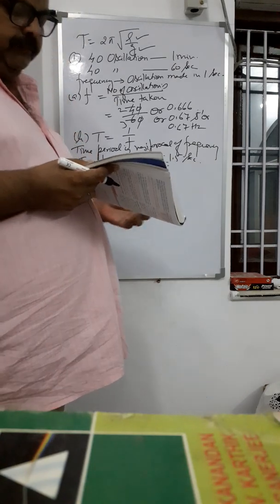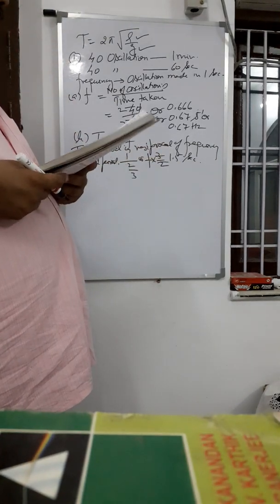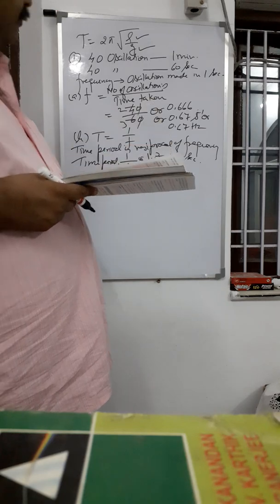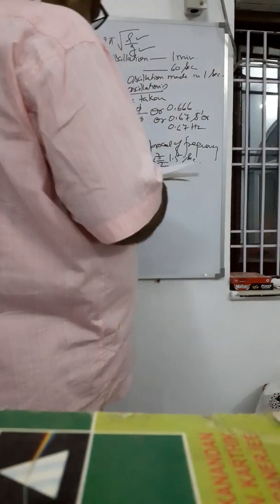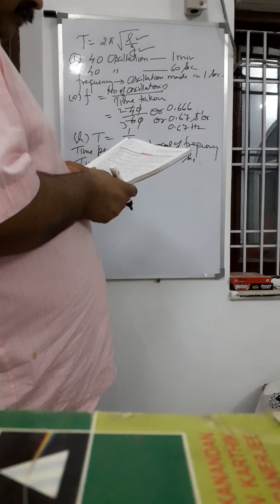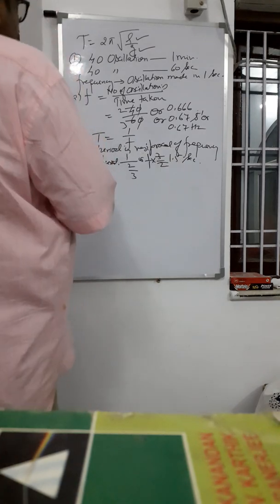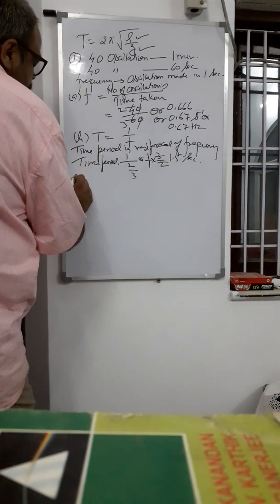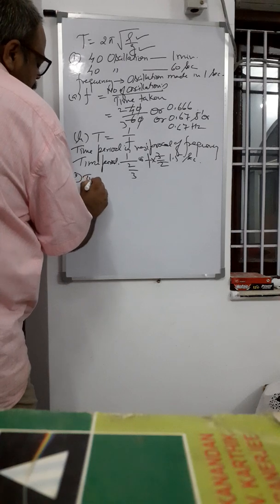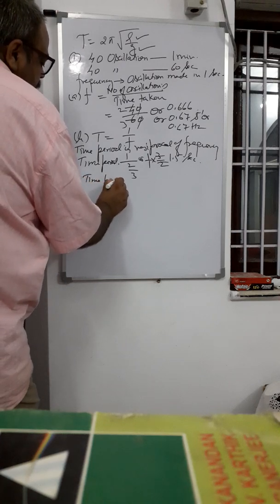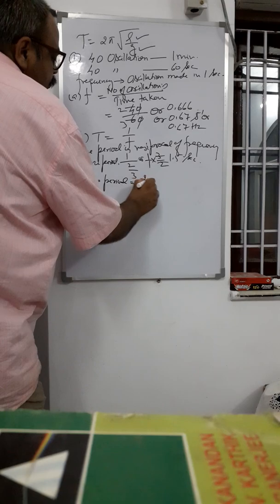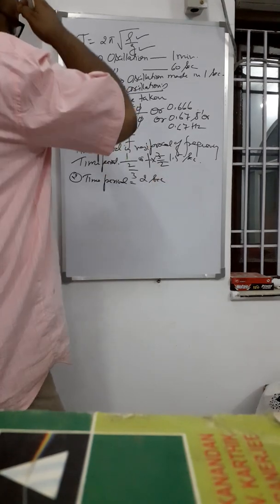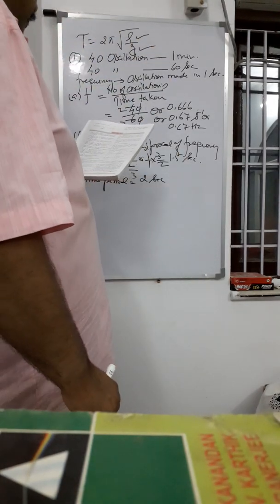Yeah, number 1. Now question number 2. Note down this. Question number 2. Time period of a simple pendulum is 2 seconds. Here given, time period is equal to 2 seconds.